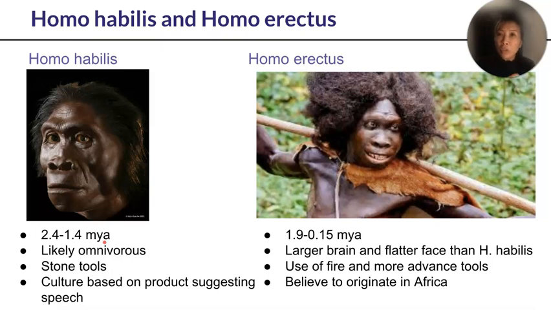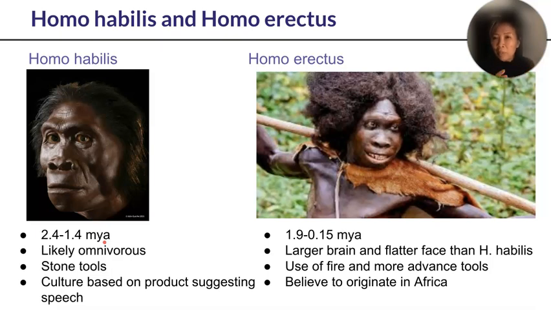So they're starting to apply some simple stone tools. Based on research, it is believed that they were probably starting to develop speech, not a full language, but some speech to communicate.